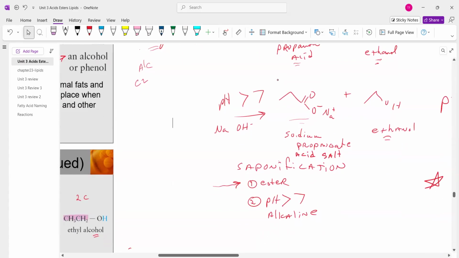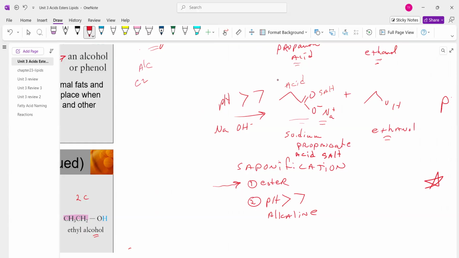So we're going to end up with a 3-carbon acid in an acidic environment. In a basic environment, we're going to end up with the salt of the acid. So this is the acid, and here's the salt. And when it's in a basic environment, it's called saponification.